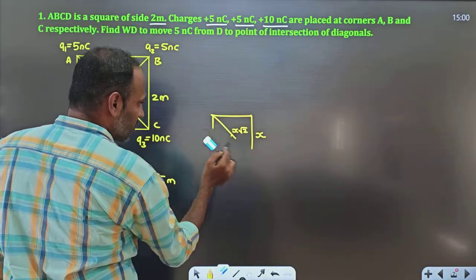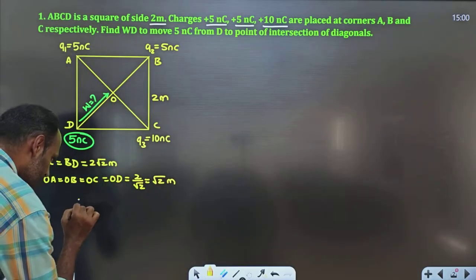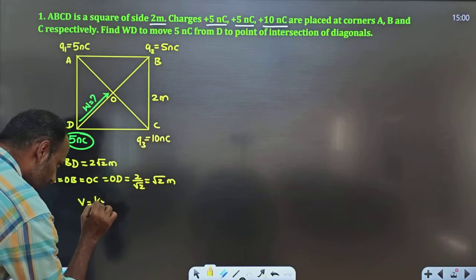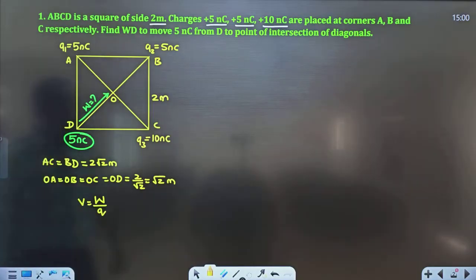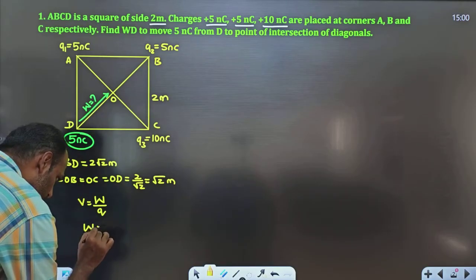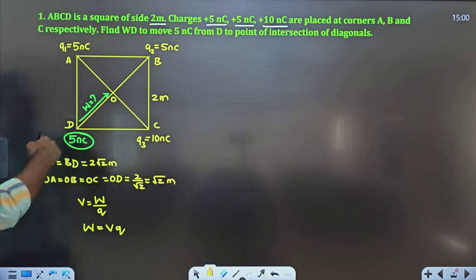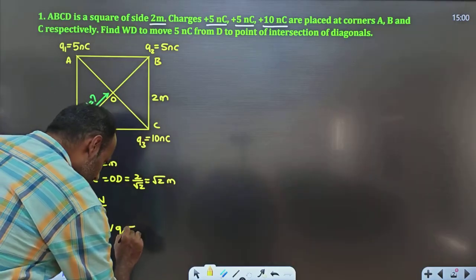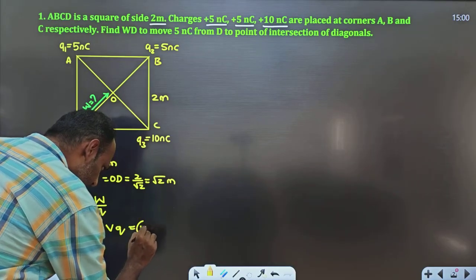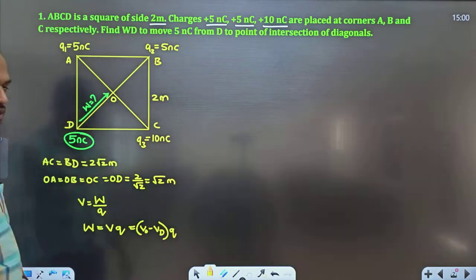Now how to calculate the work done? We basically know that electric potential is equal to work done per unit charge. So work done is equal to potential difference into the charge. So to calculate this work done, you should take the potential difference between the points O and D and multiply the charge which you are moving.